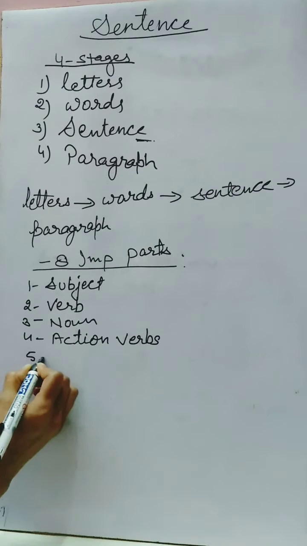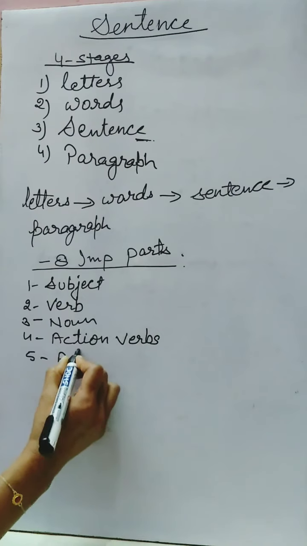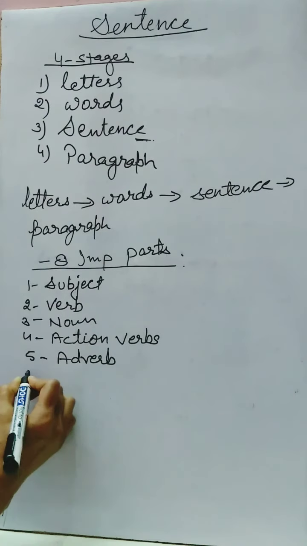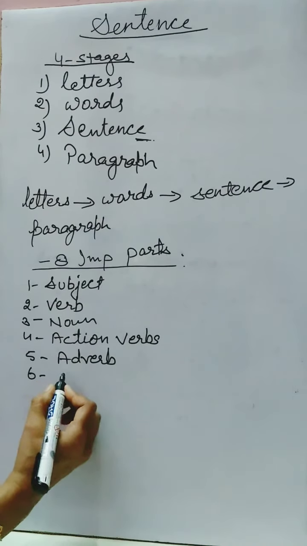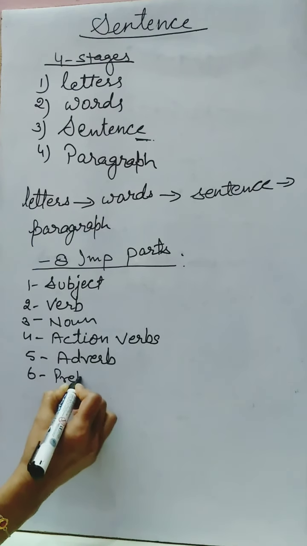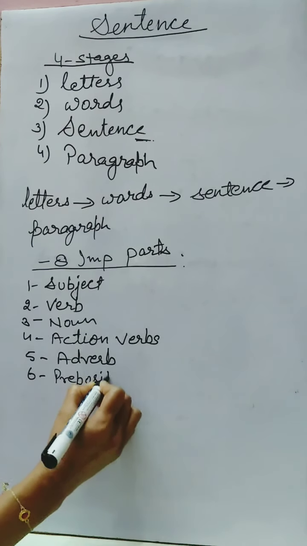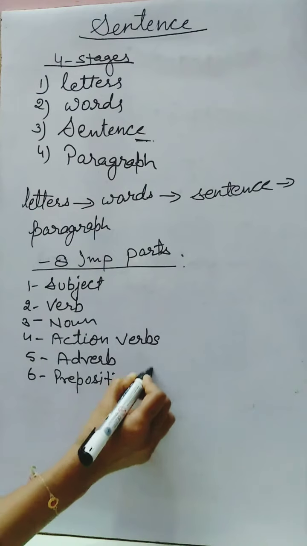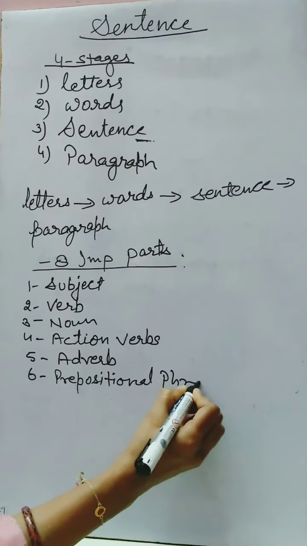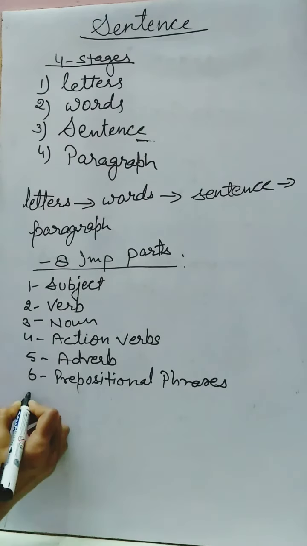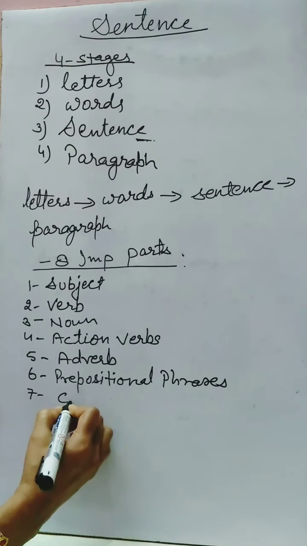Number five is adverb. Number six is prepositional phrases. Seven is the clauses.